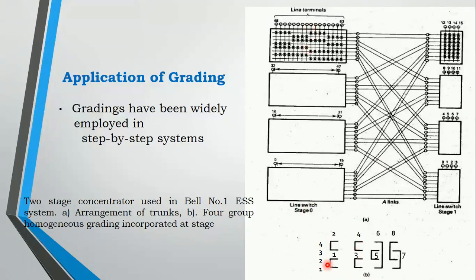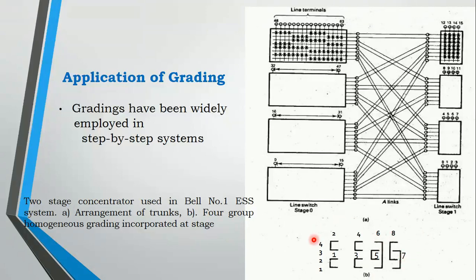So 4 groups, it is represented as 1 2 3 4. And here if you get a common connection between the first and second group, so it is 1 2 3 4. That means the adjacent group connections are 1 2 3 and 4, and the non-adjacent group connections are 5 6 8 and 7.